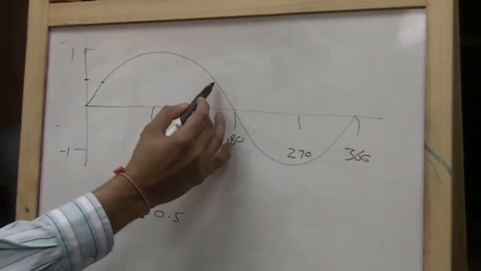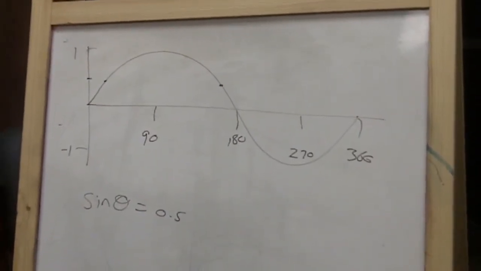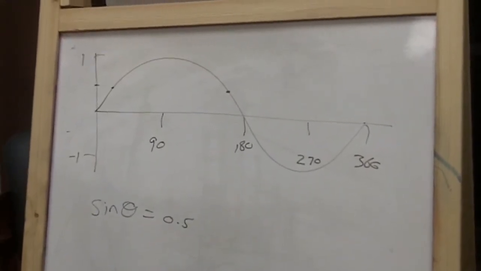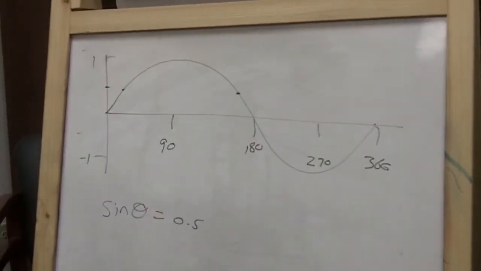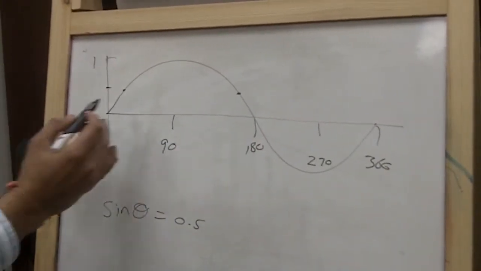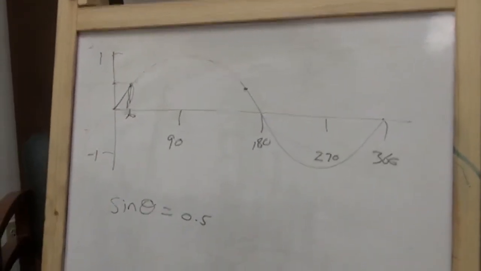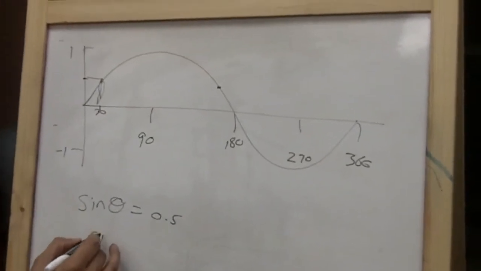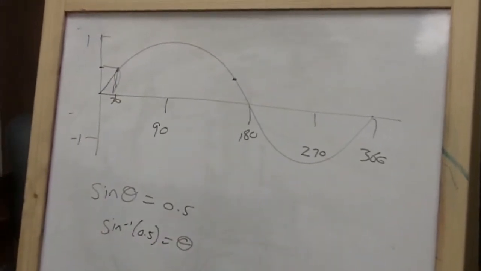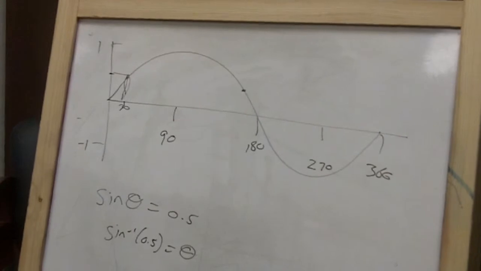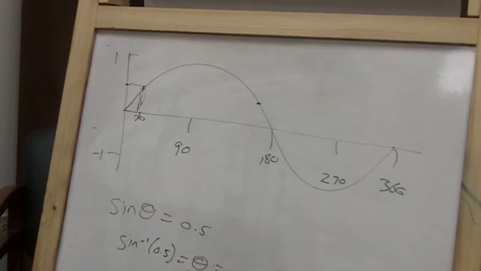It could be this angle, it could be this angle. Typically we're just going to say it's the first angle that we see, because this goes on forever and ever. In this case it would be 30, because we did that earlier. Alternatively, in your calculator you can say sine inverse of 0.5 equals theta, and you should get 30.